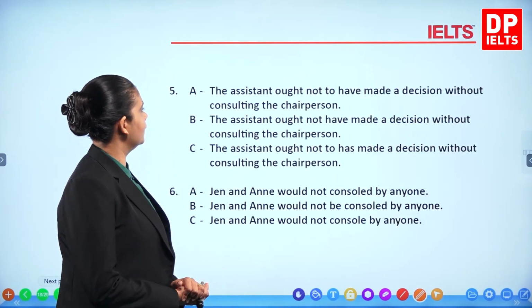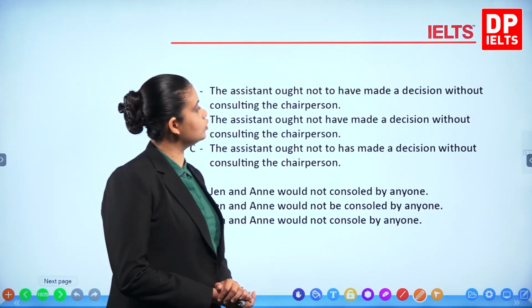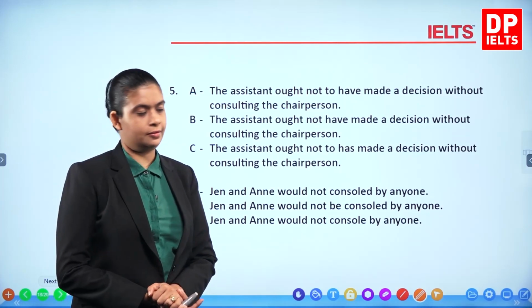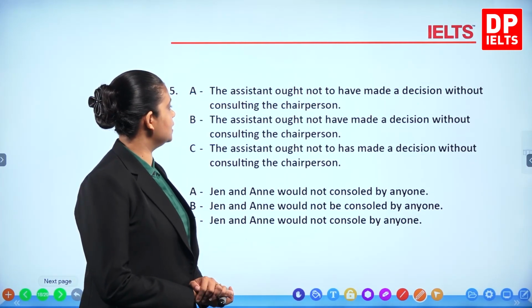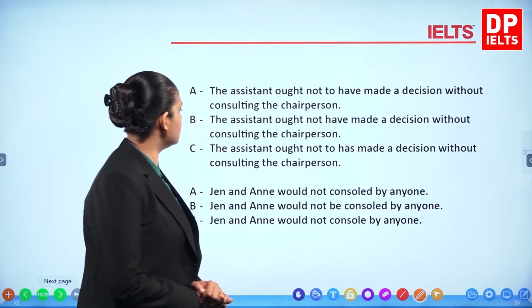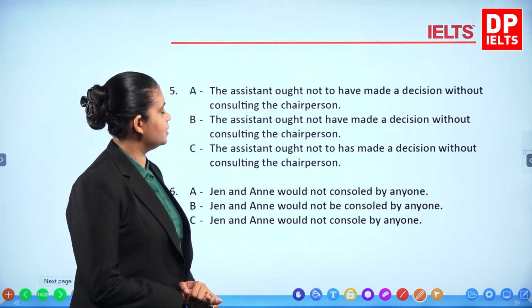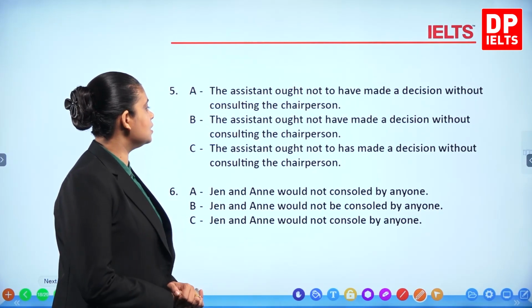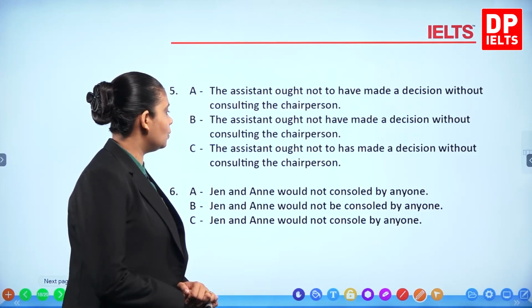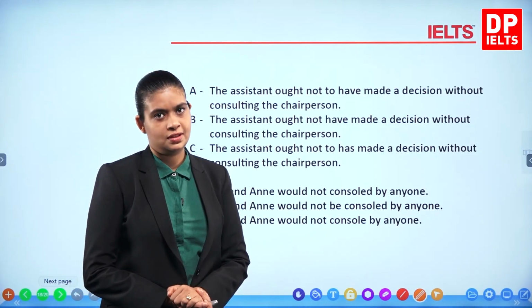Next one. The assistant ought not to have made a decision without consulting the chairperson. The assistant ought not have made a decision without consulting the chairperson. The assistant ought not to have made a decision without consulting the chairperson.